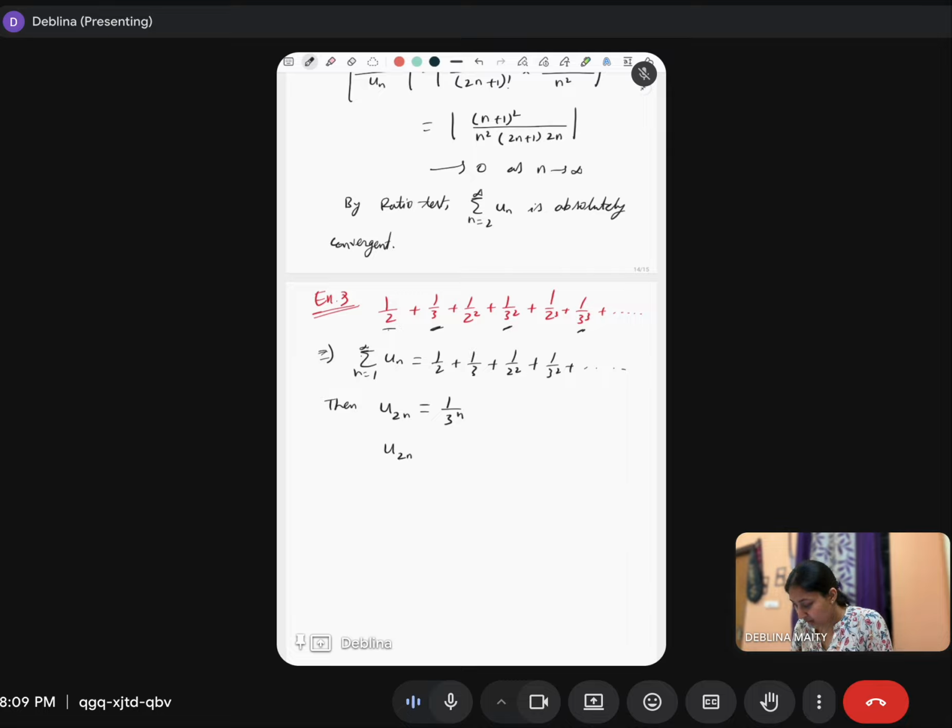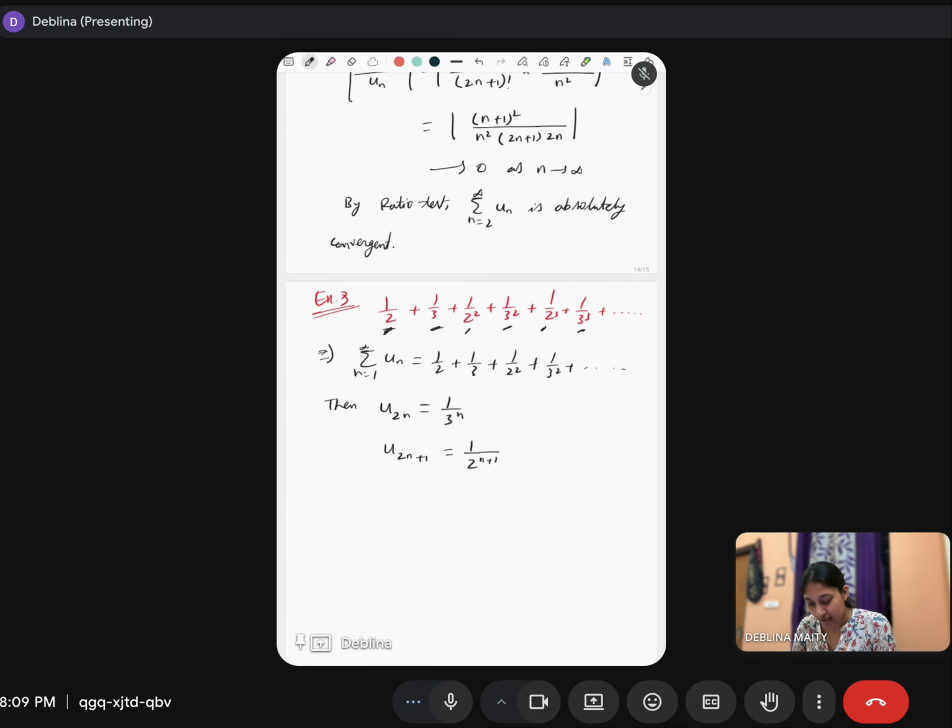And u2n plus 1 is what? 2n plus 1 means if n is 0, it is u1, and then u3, u5, like this. So the first term is 1 by 2. So this means it is 1 by 2 to the power n plus 1, because when n is 0, u1 is 1 by 2.